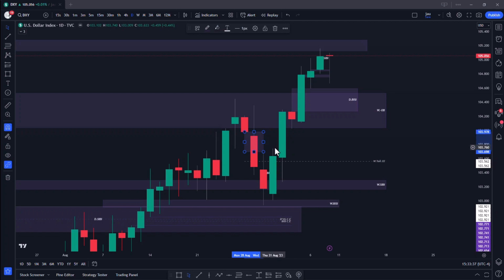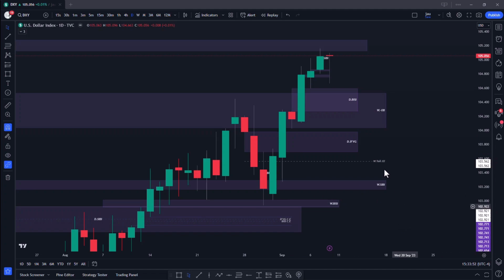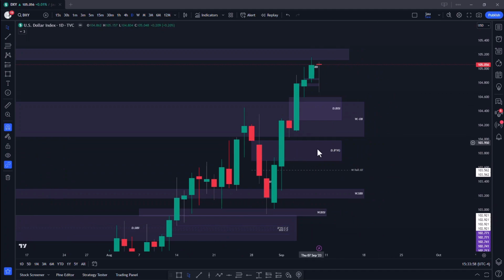Moving to the right of it, we also have a buy side imbalance. So I'm going to use this as an inversion fair value gap from a daily perspective. So these are the three main discount arrays I'm paying attention to going into next week. This inversion fair value gap, which I believe could be easily tapped, especially considering that we have CPI coming up.